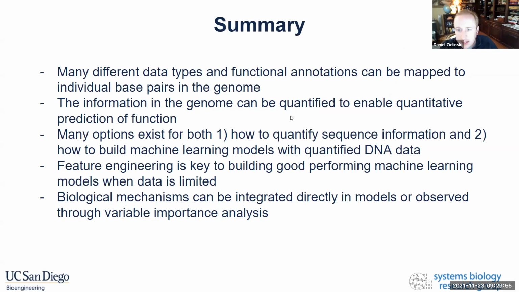Okay, so that's the last example I had for today. I just wanted to summarize this really briefly. I hope I've convinced you that it's valuable to take all these different experimental data types, as well as functional annotations like shape or COG category, anything we know about DNA, and map it onto individual base pairs to cross-reference them for analyses and for machine learning.